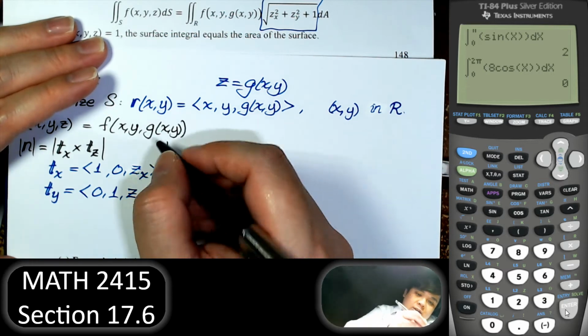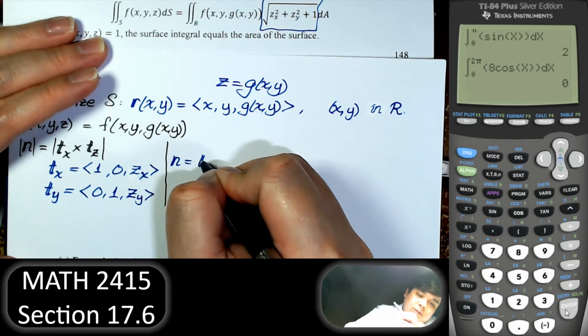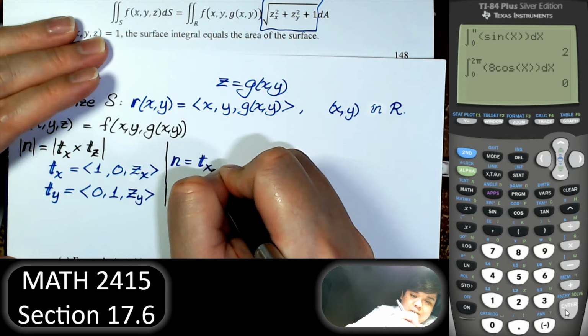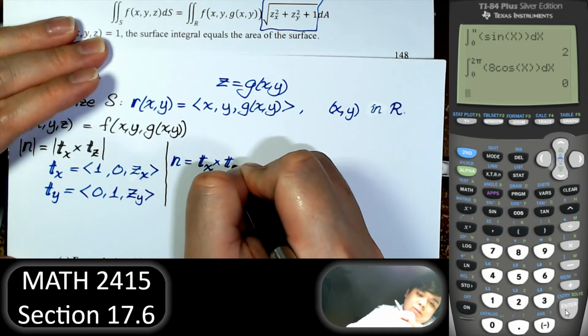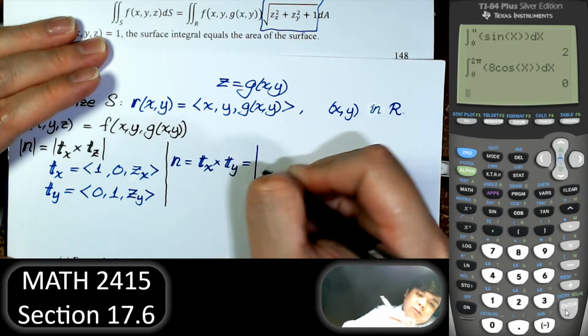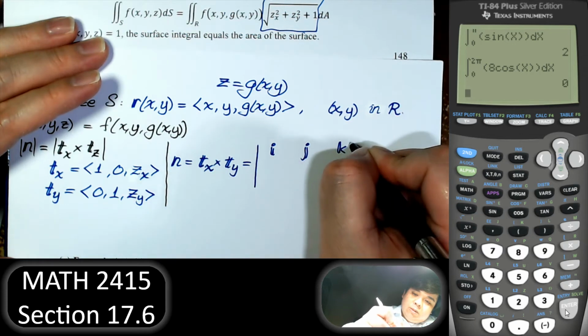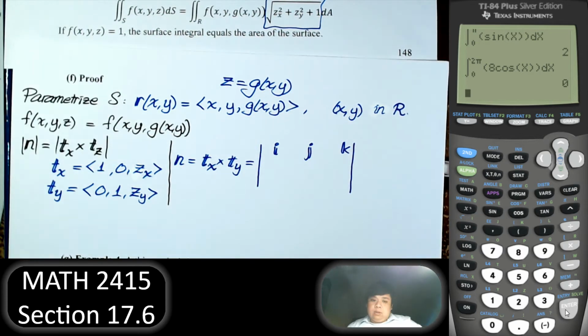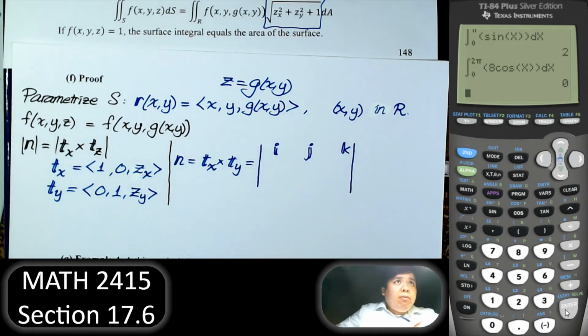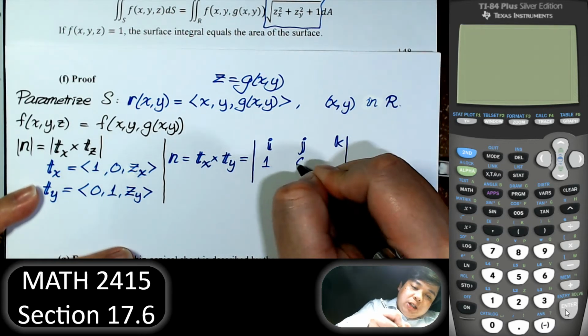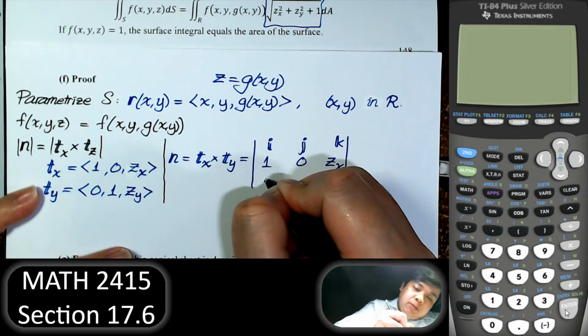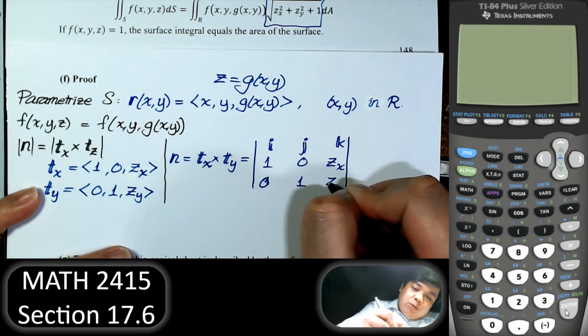Now the cross product. 1, 0, z sub x; 0, 1, z sub y.